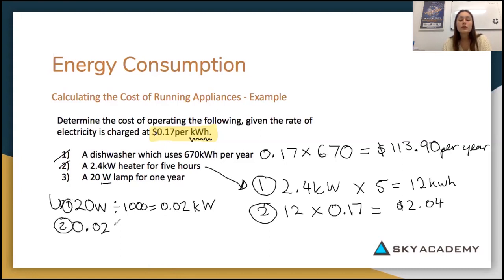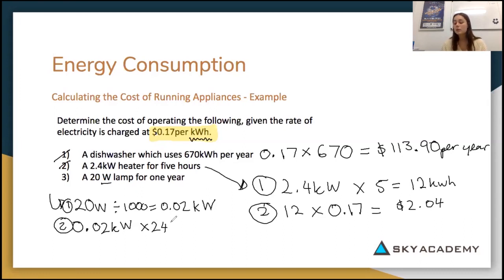We have 0.02 kilowatts. We're going to times it by 24 to give us the usage of the lamp for 1 day. If we have that lamp on every single hour of every single day for the whole year, we times it by the hours in a day, then times it by the days, and that will give us how much we use per year.